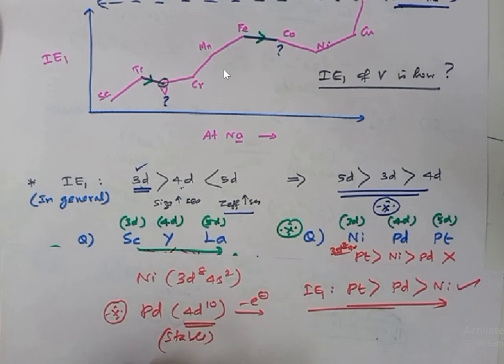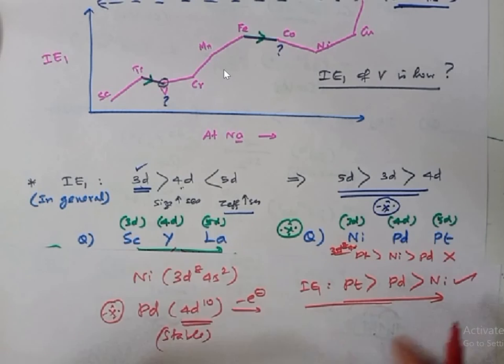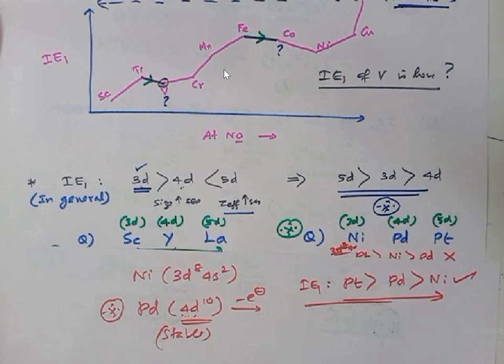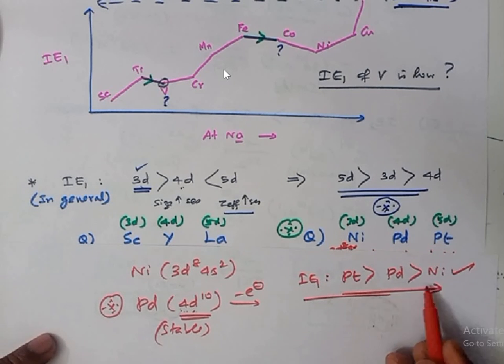If you compare nickel and palladium, palladium has high ionization energy. Why? Stable electronic configuration. Palladium configuration is 4d10, a stable configuration. Okay, take down. Why does platinum have the highest among the three?